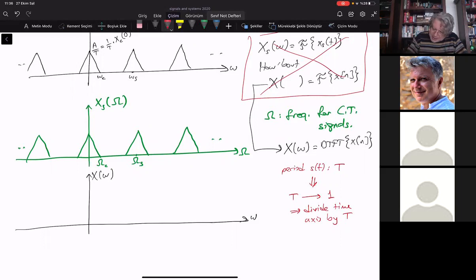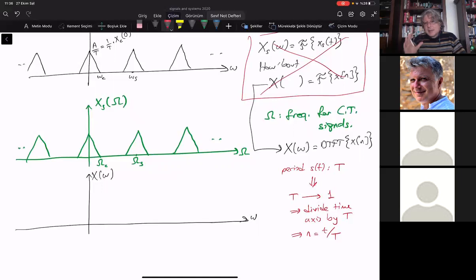So it's like saying n is equal to T over capital T. I'm dividing the time axis by capital T. That's what I'm doing in order to convert the continuous time signal x sub s of t to x of n, the discrete time signal.